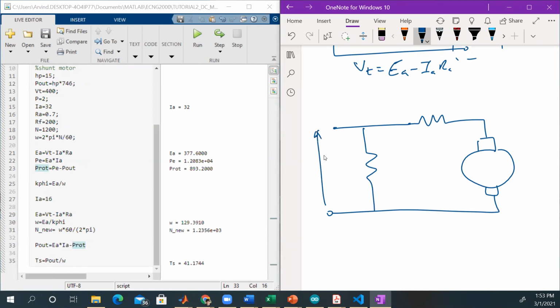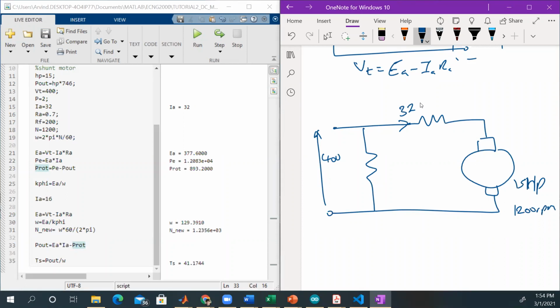400 volts DC, 15 horsepower, 1200 RPM. Armature current at rated speed and full load is 32 amps.